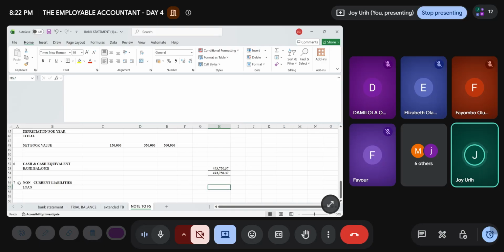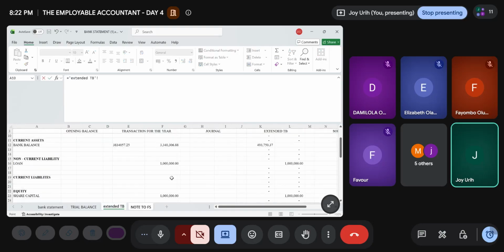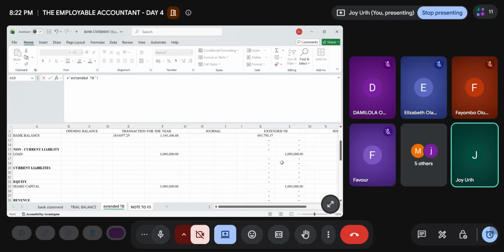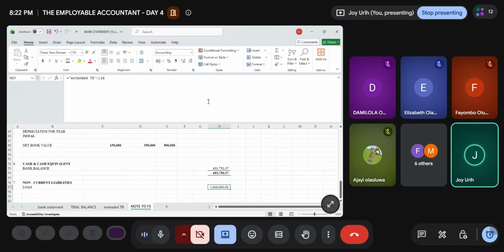When we say non-current liability, that's a liability whose duration is more than a year. So we assume that this loan is more than a year. If it is within a year, like a bank overdraft, it will be under current liability. Please take note.